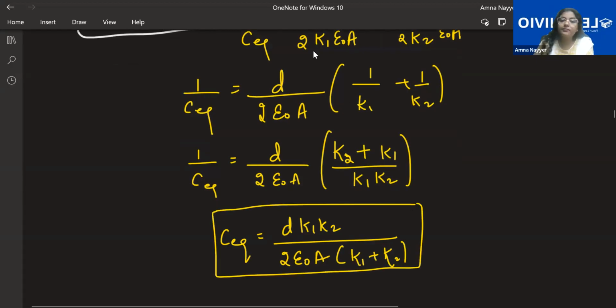Is that clear? Everyone? Ali, you're understanding? Yeah, Ubaidullah, say. We did reciprocal, right? See, we have taken the reciprocal.